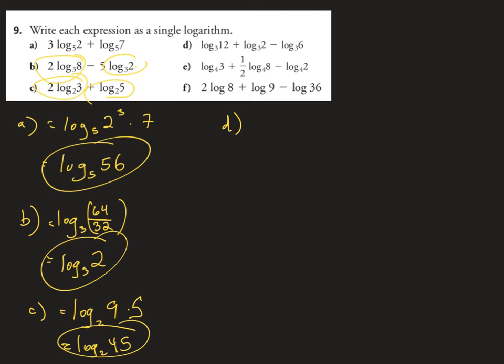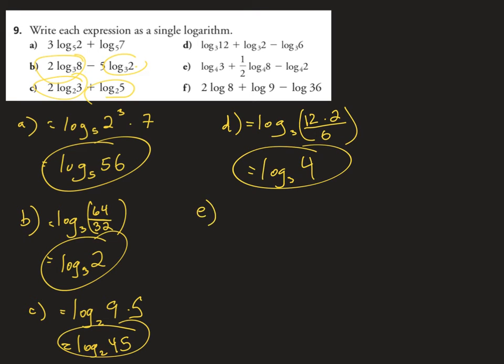Part D, this is equal to log, looks like we're going to have a base 3 of 12 times 2 divided by 6, which equals log base 3 of 4. Part E, log base 4 of 3, times 8 to the power of 1/2, so root 8 we can say, divided by 2, right?